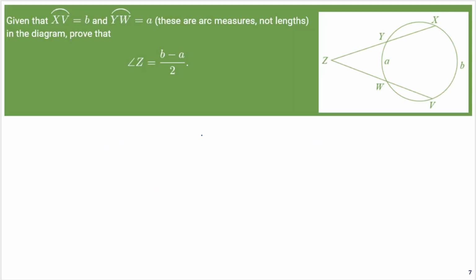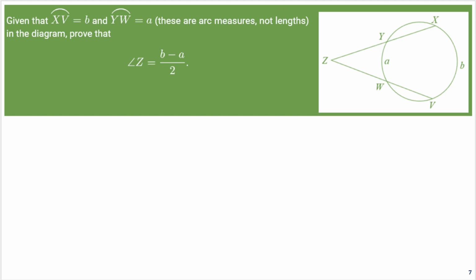For example, given a circle like in the diagram here, the measure of arc XV equals B, the measure of arc YW equals A. Again, be careful, these are arc measures, not lengths, so they are degree measurements. In the diagram, we can actually prove angle Z equals (B minus A) over 2, right?